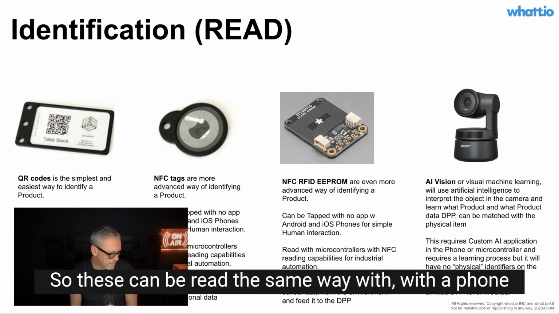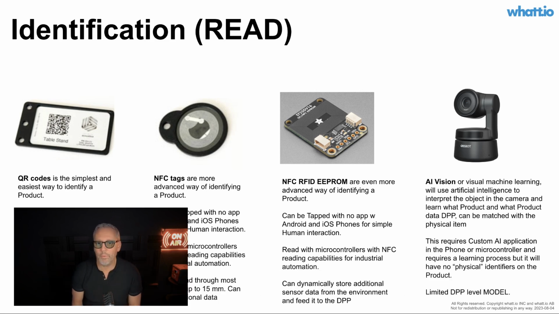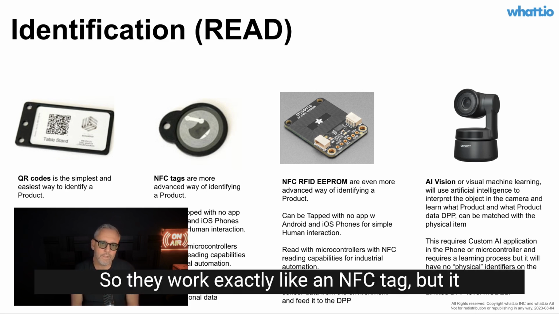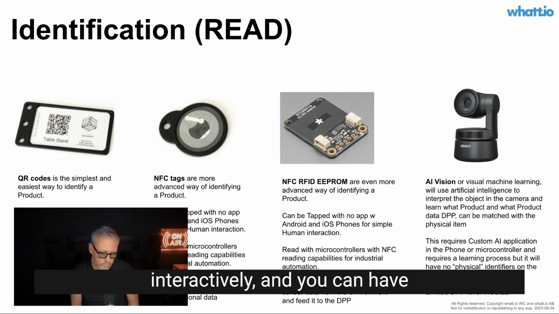So these can be read the same way with a phone or with a computer, and you can simply tap on them. They work exactly like an NFC tag, but it can be reprogrammed by a microcontroller interactively, and you can have additional information on them.